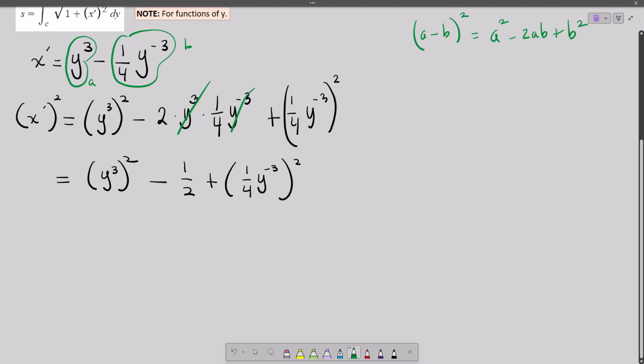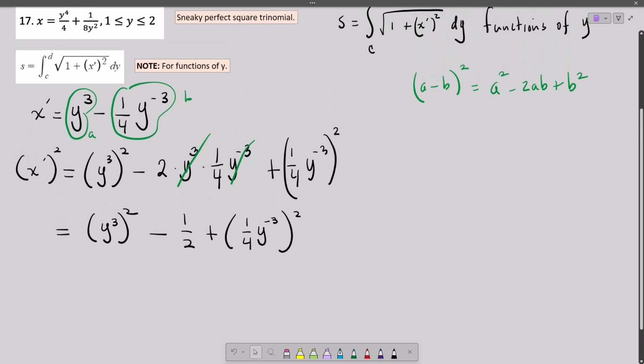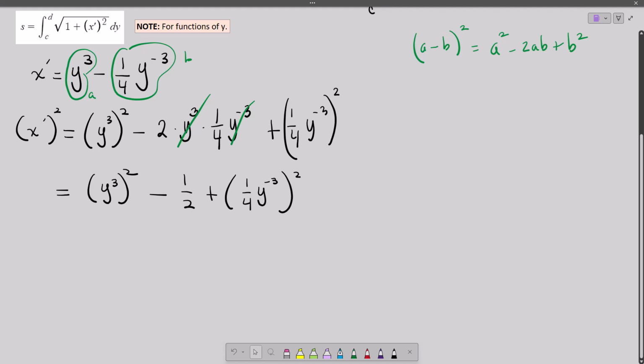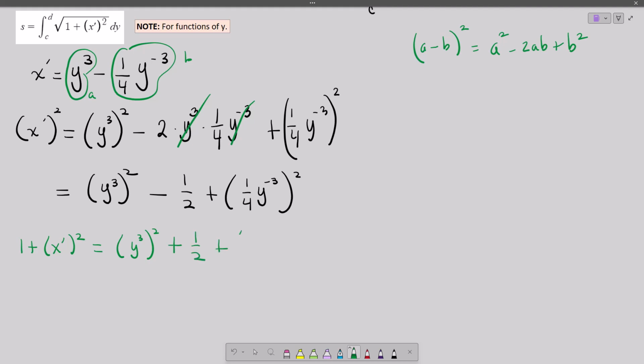So that tells us right away that this factors. That's a perfect square trinomial, just like that one was. So we add 1. When we add 1, we're going to get another perfect square trinomial. So now we're going to do 1 plus x prime squared. And when we add 1, we see that the only thing that changes is the middle term.